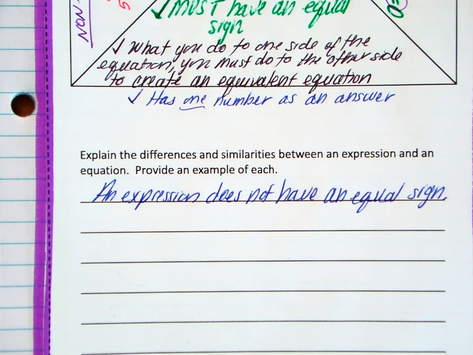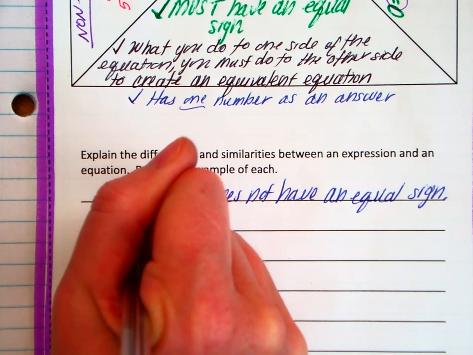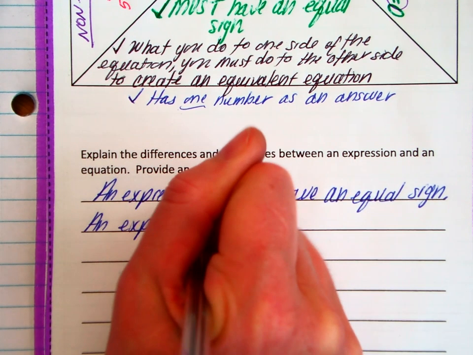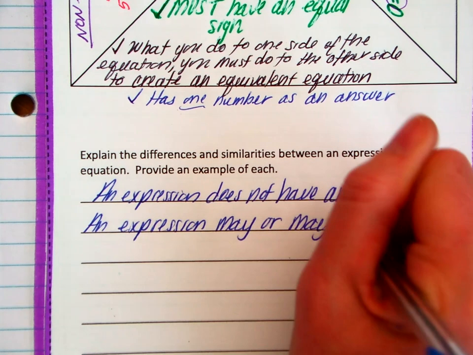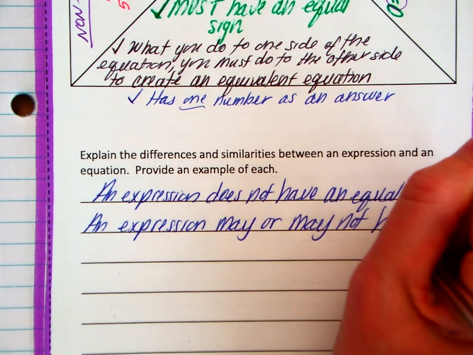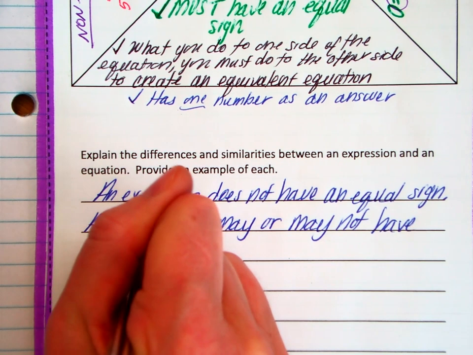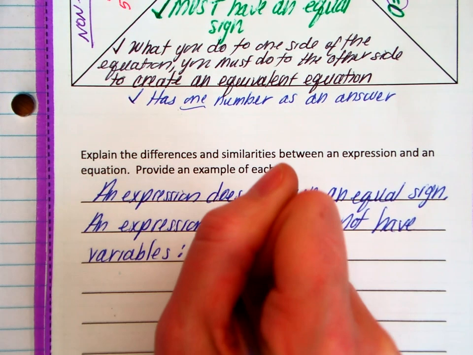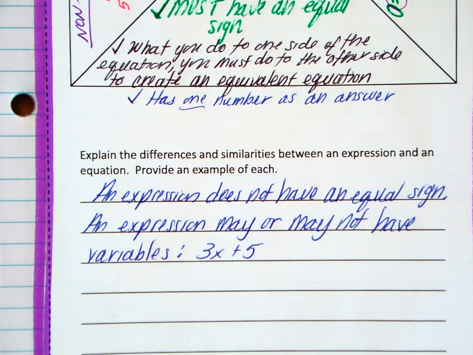An expression may or may not have variables, such as 3x plus 5. An equation must have an equal sign.